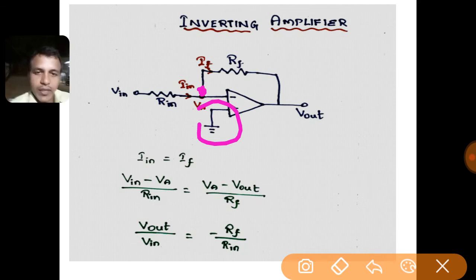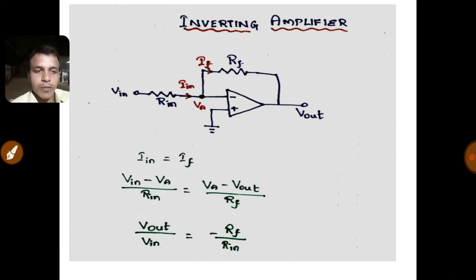So this node A will take the voltage value same as the voltage that is available at the non-inverting input terminal. So the reason is this node A is virtually grounded. I will explain the concept of virtual ground after completing this explanation.